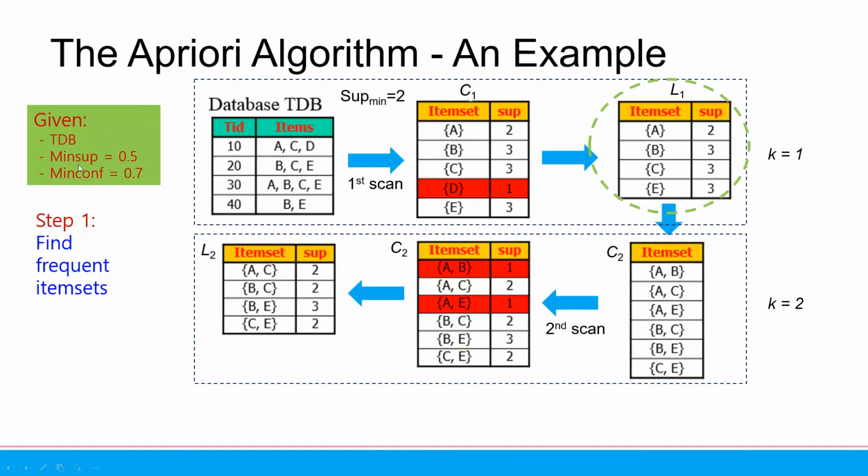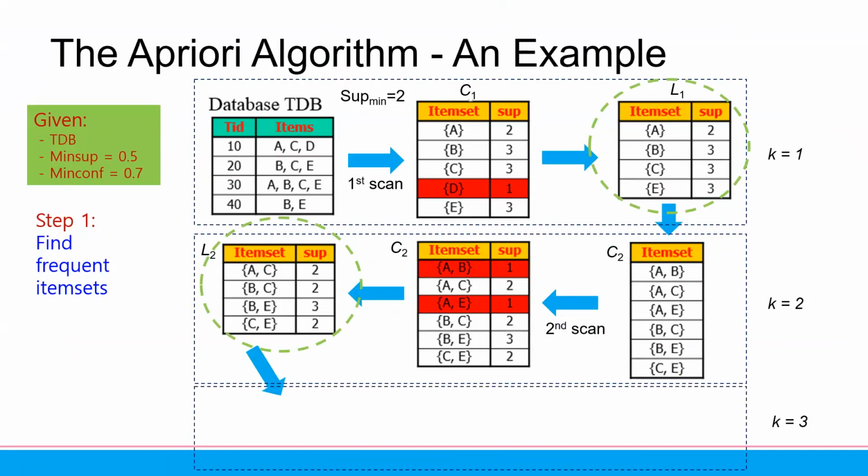After we have the L2, now we will check the next, which is k equals to 3. So we will check until the maximum k that we can get. From this one, we can check that the possible is BCE.